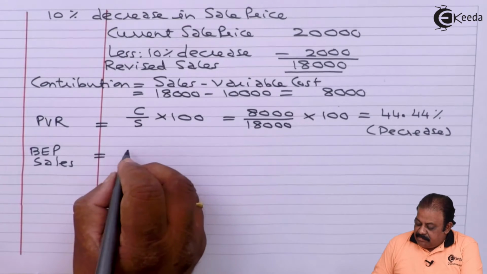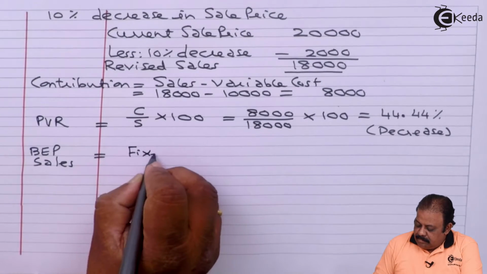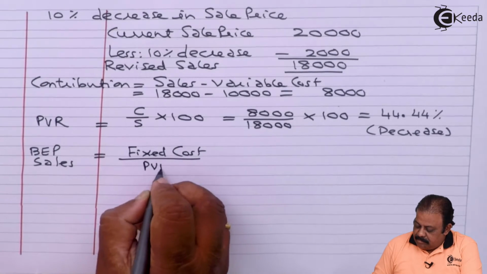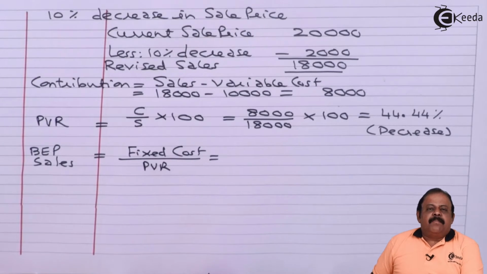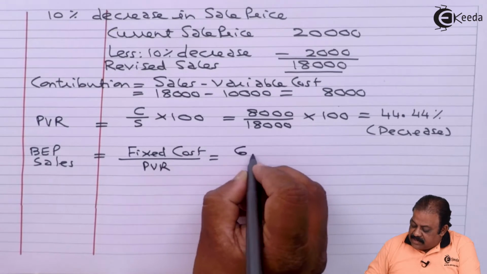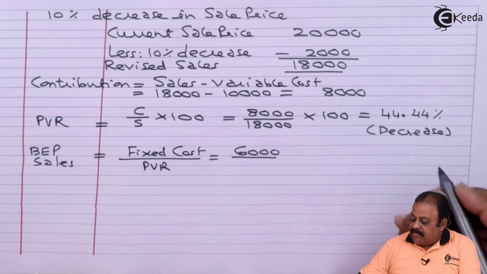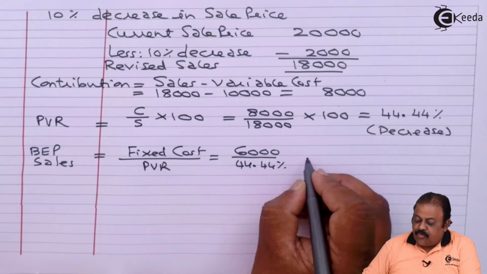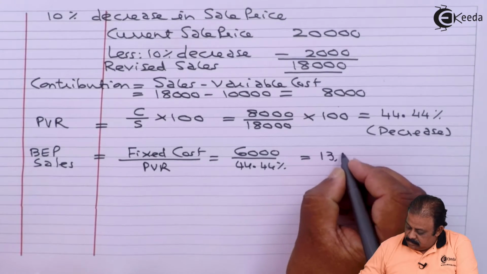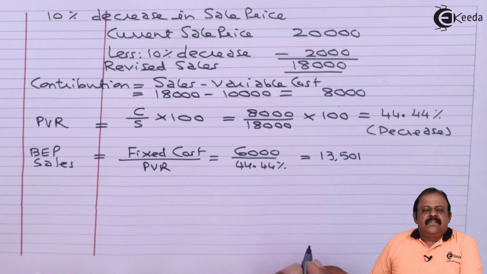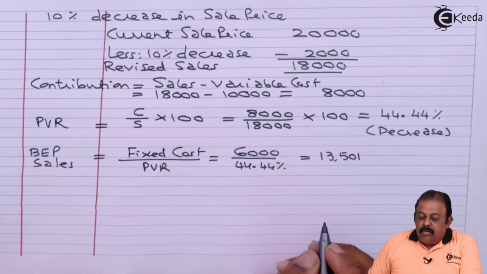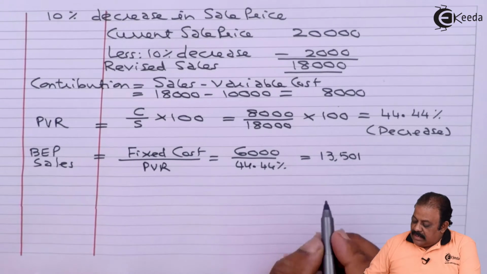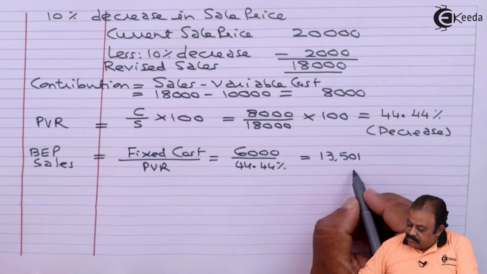Break-even point sales. Fixed cost divided by PVR. Fixed cost remains same 6,000. PVR we have to take revised 44.44%. 13,501. Original break-even point sales was rupees 12,000. So there is increase in break-even point sales.